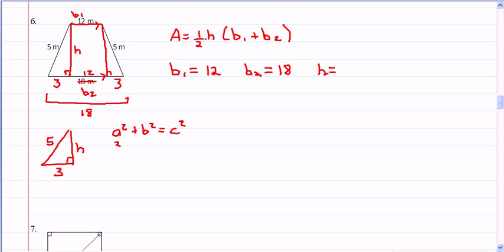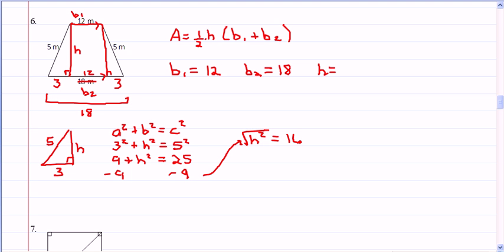I'll make the 3 a and the h b, but the 5, because it's across from the right angle, has to be c. And we have 9 plus h squared is equal to 25. So to solve for h, I subtract 9 from both sides, and finishing up here, I have h squared is equal to 16. Take the square root of both sides, and we get h is equal to 4.